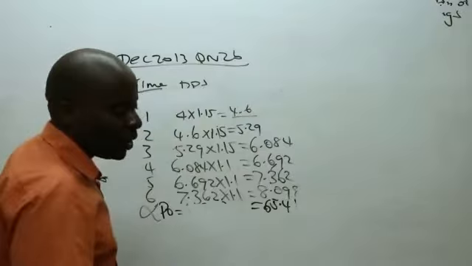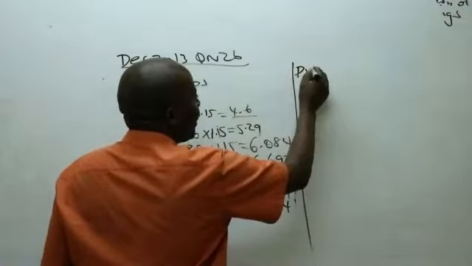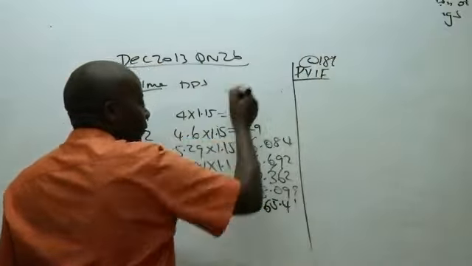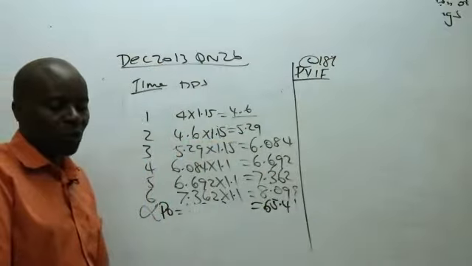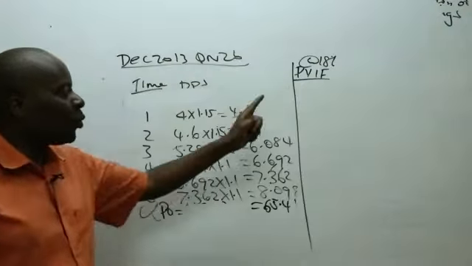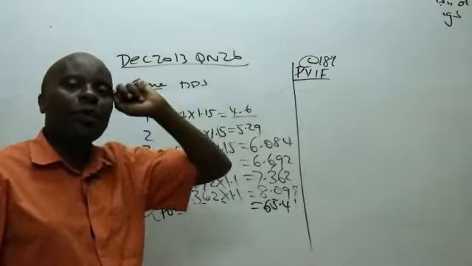Now create a column here where you will give us the present value interest factor at 18%, the firm's cost of capital. Before I start using the formula to ascertain my discounting factors at this 18%, I need to go to my tables.